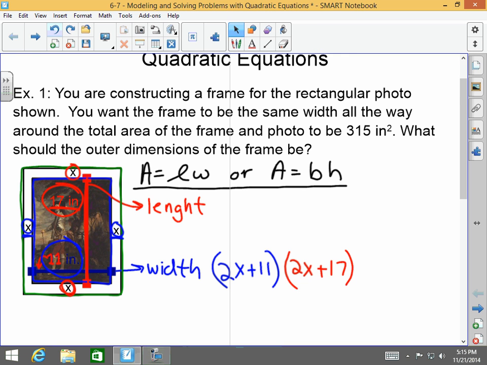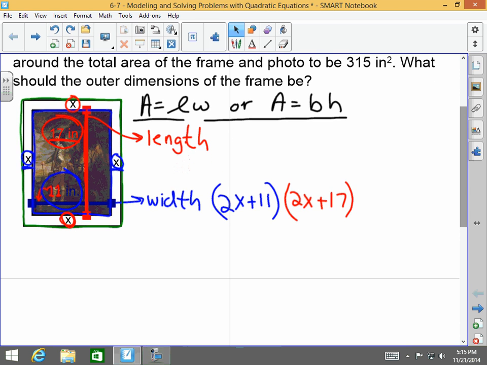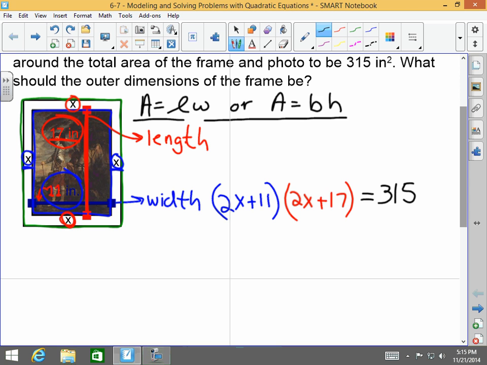And I just noticed here I spelled length incorrectly. Should be like that. Okay, so now this area should have a total area of 315 square inches. That's what I want the total area of both the frame and photo to be.